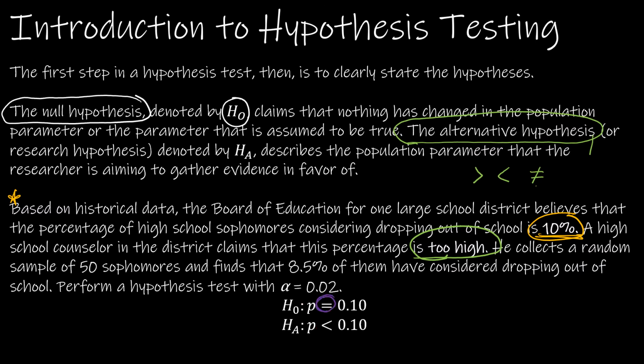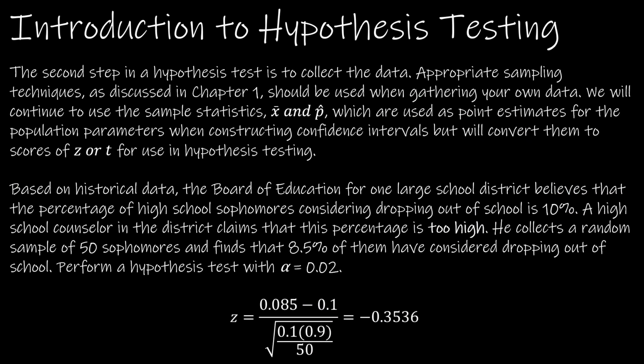This one should always be equal to. This one should always be less than or greater than or not equal to. And these two values should always be the same, and it should always be based on the status quo, which means whatever has been, we think will continue to be. So now we have our hypotheses.